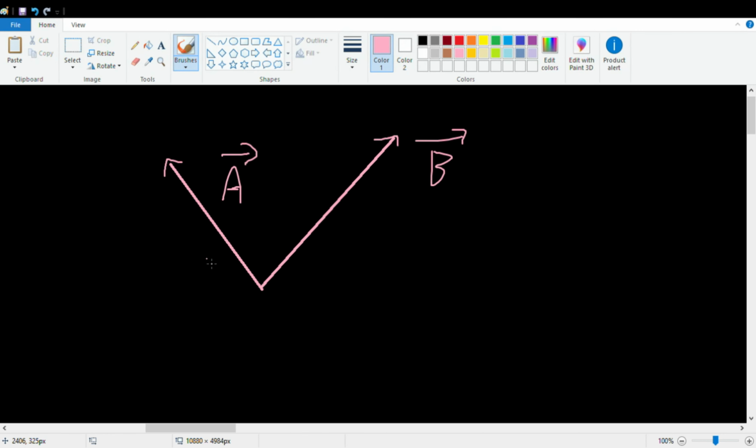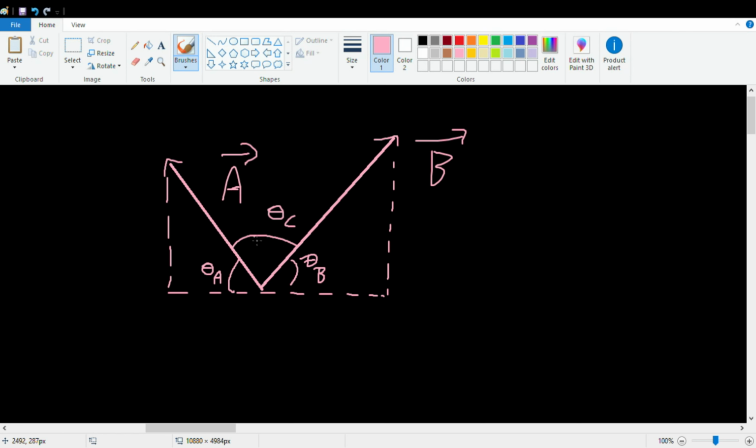So let's break it down. Let's call this theta b and theta a. So how we would go about doing this is we find this angle right here. Let's call this theta c.